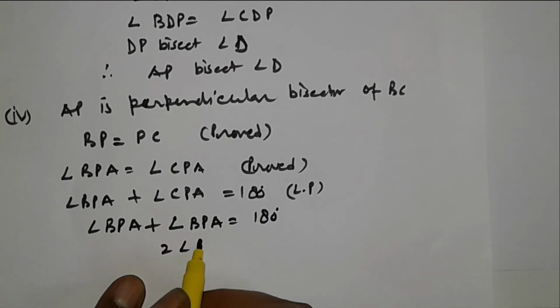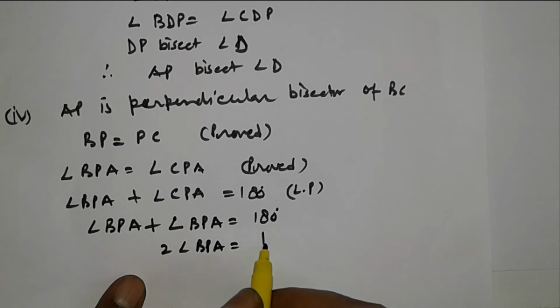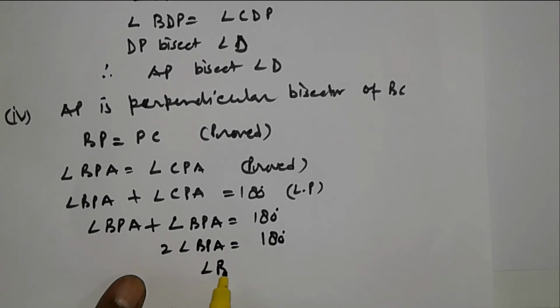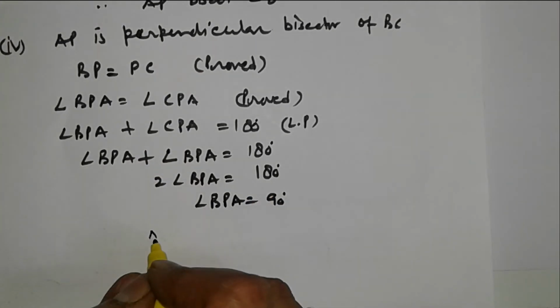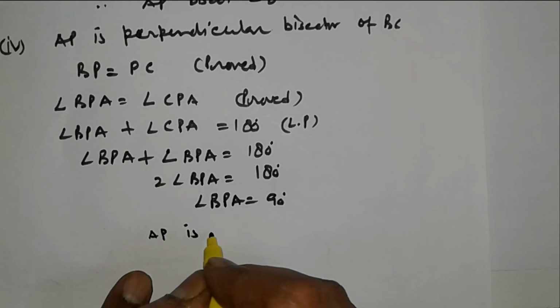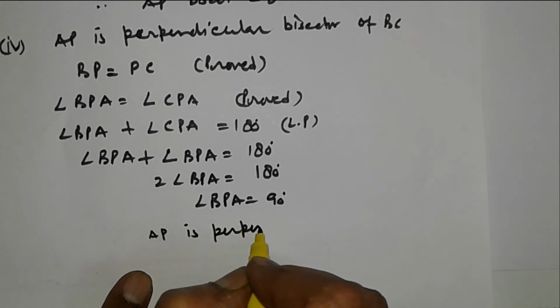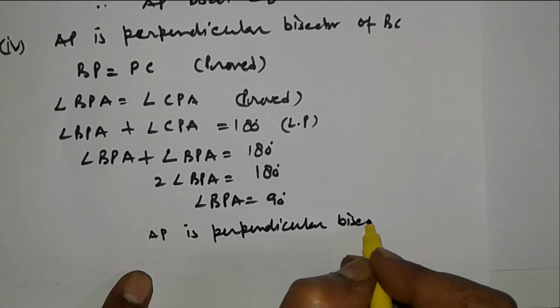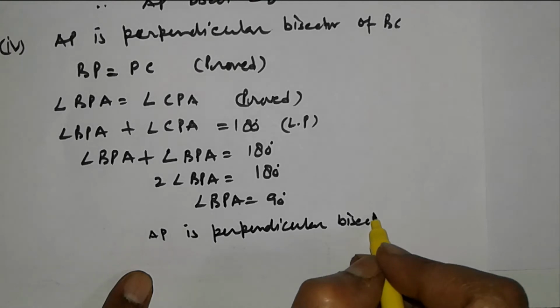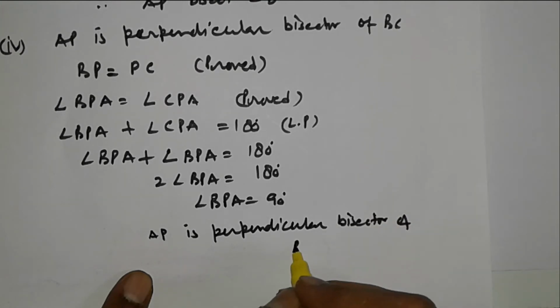So twice angle BPA is equal to 180 degrees, so angle BPA is equal to 90 degrees. So AP is the perpendicular bisector of BC.